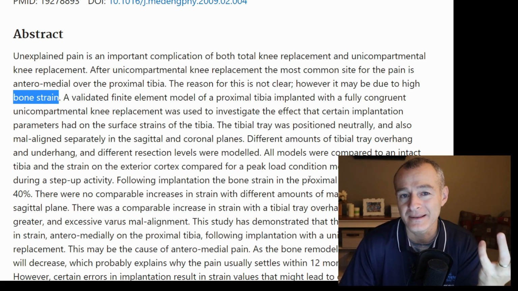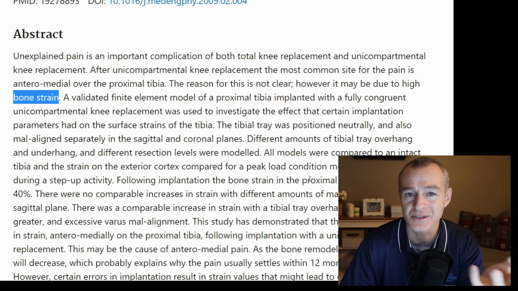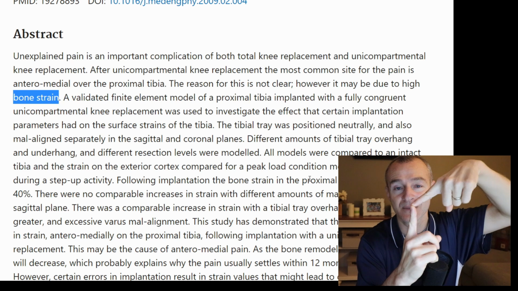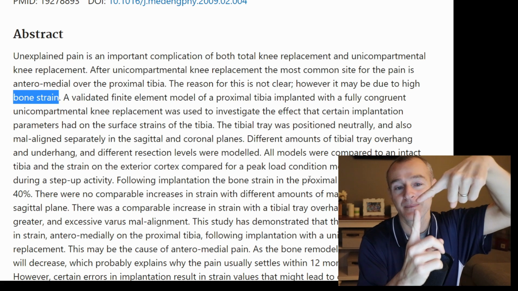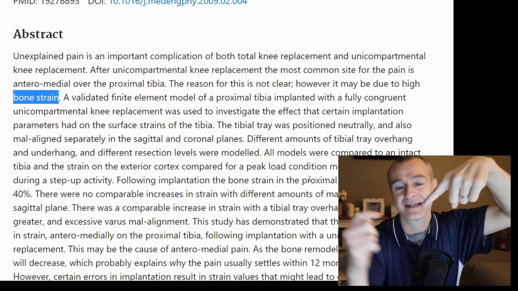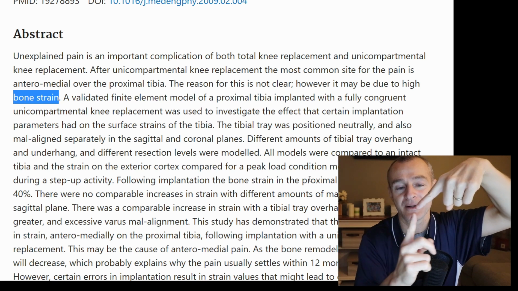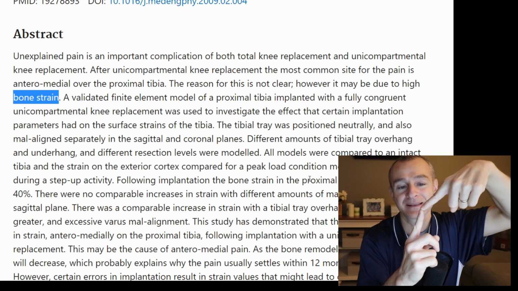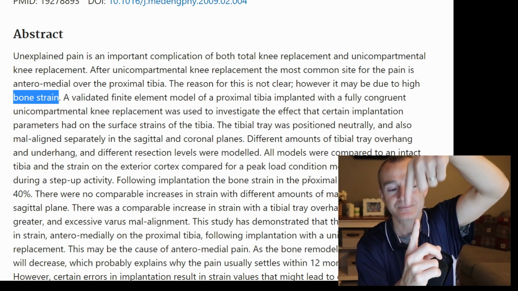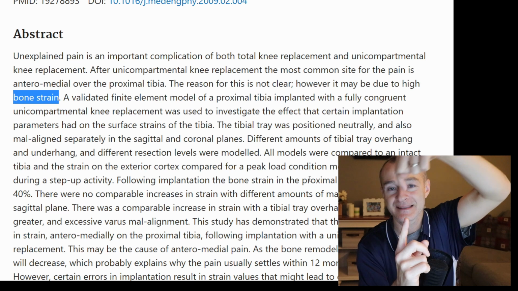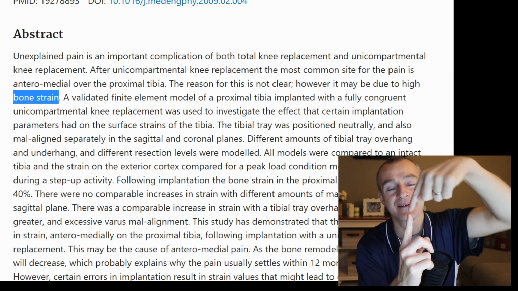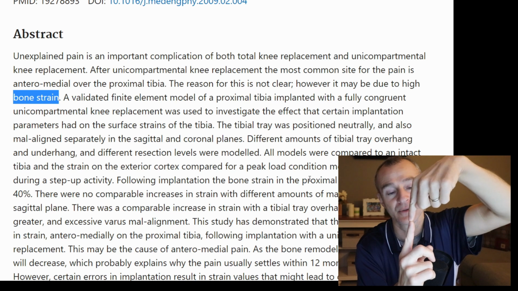And my thought, and my experience would suggest, is that when you have a crooked knee to begin with, you can imagine your body has adapted over time. There's more compression on this side and more tension on that side. Well, if all of a sudden I cut the ends of those bones and go totally straight, this side is going to have a lot more compression than it used to, and this side is going to have a lot more tension than it used to.